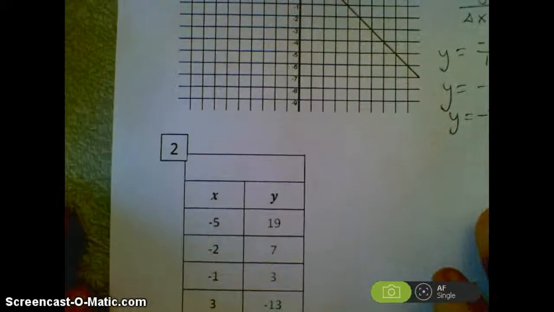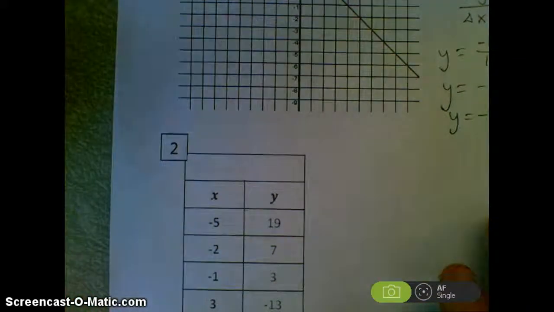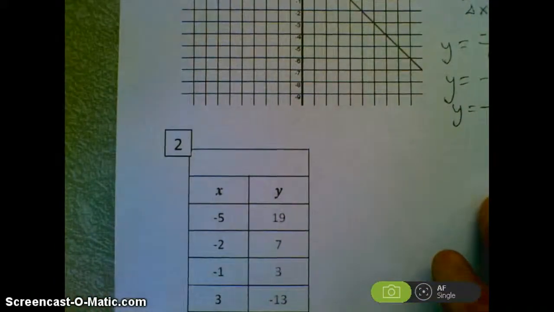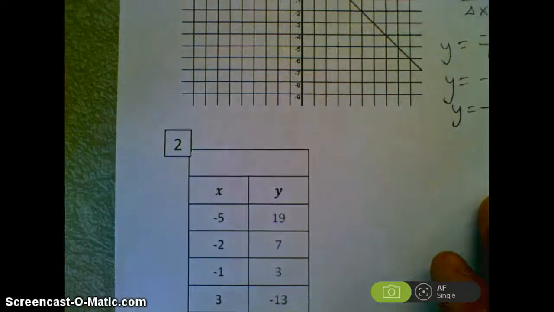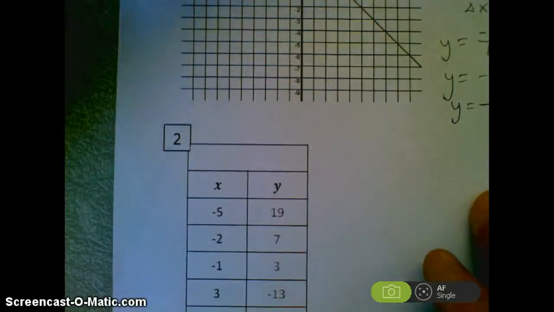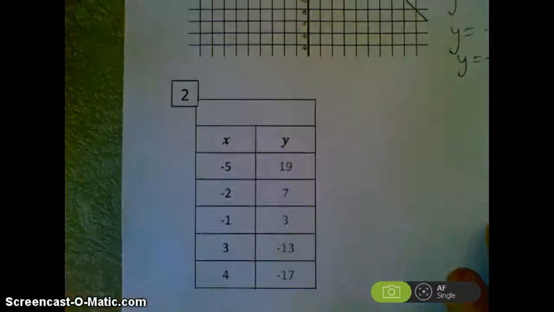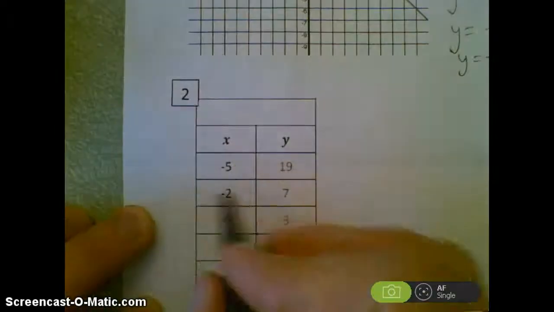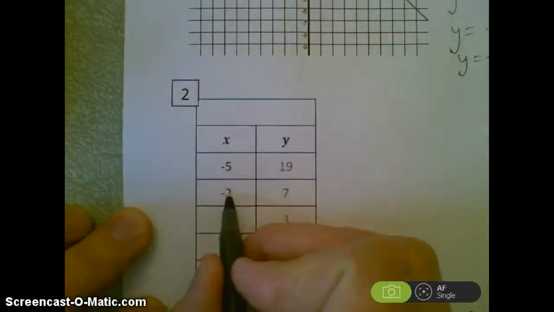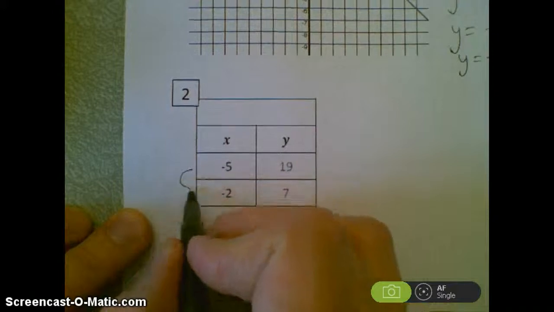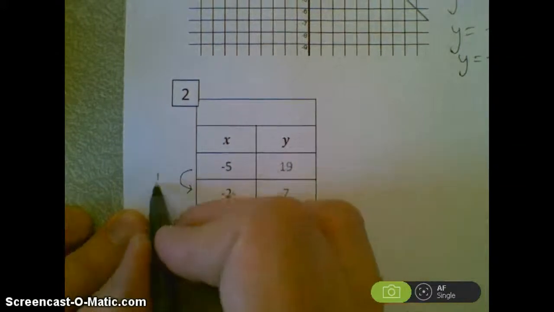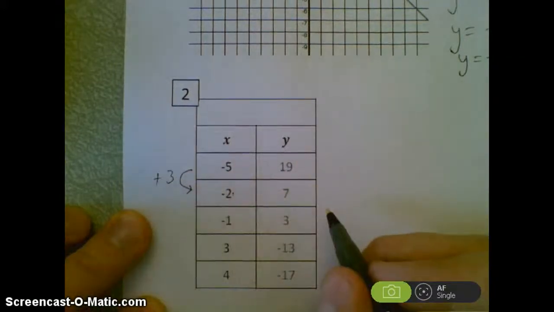Now this table, I would say, is a little confusing because it's not like the tables that I've given you for examples. So you look at this table and you're looking for change. When x changes from negative 5 to negative 2, you have to add 3.